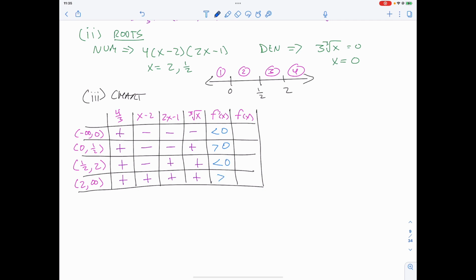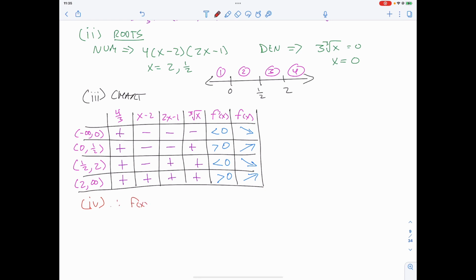And all positive make greater than 0, which means in the first interval, it is decreasing, second interval is increasing, third interval is decreasing, and the last interval is increasing again. And then we do our statement.